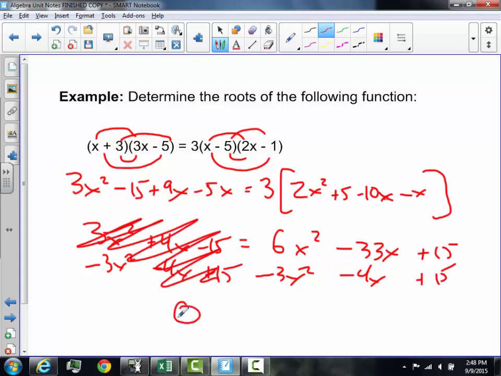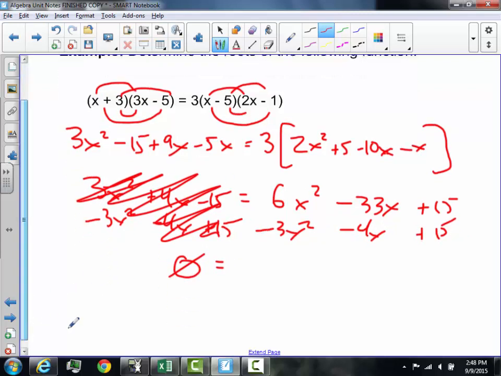Because then this side now equals 0. This is what we've been doing for the last couple of days. Any issues with that? Okay.